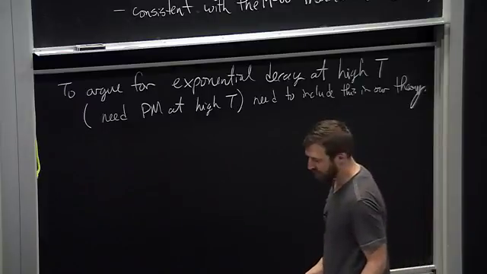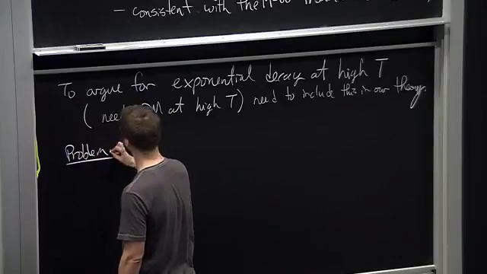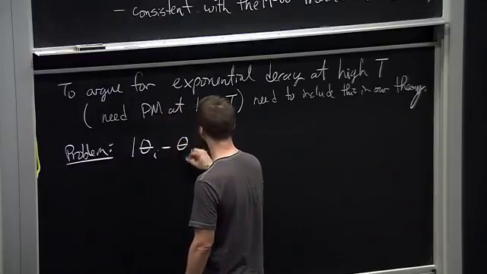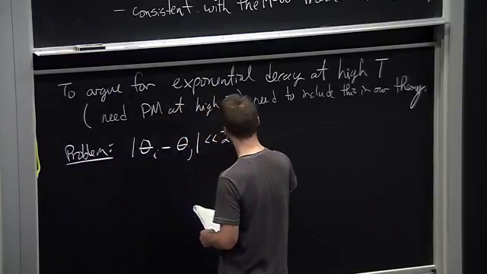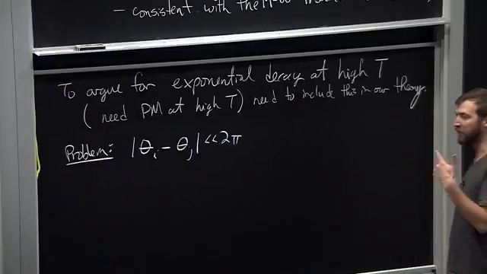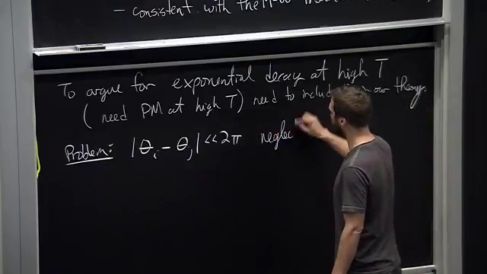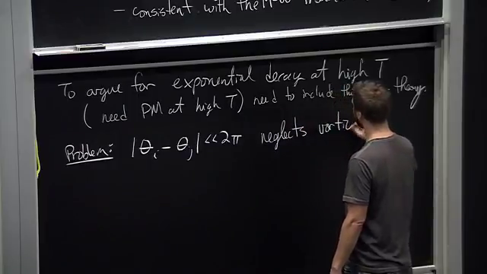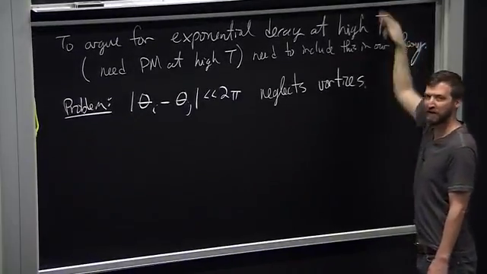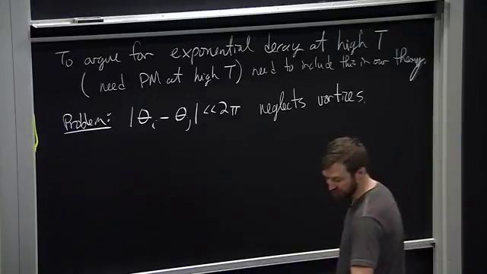Okay, so the problem is in the idea that theta i minus theta j, or theta x minus theta 0, is very small. That neglects the possibility of those vortices that we were looking at. And what we're trying to argue for is that we need those vortices in order to describe the Kosterlitz-Thouless transition.